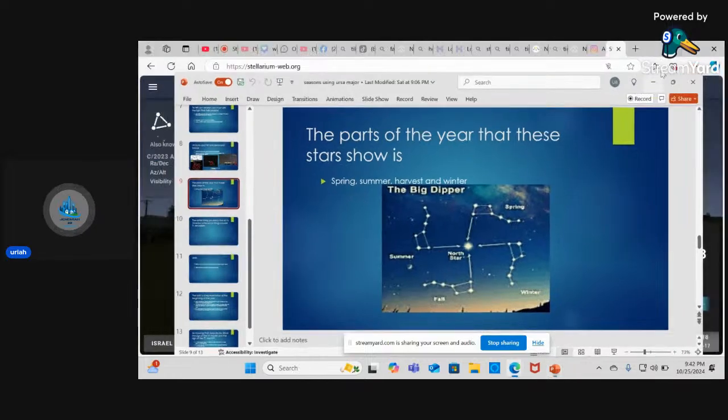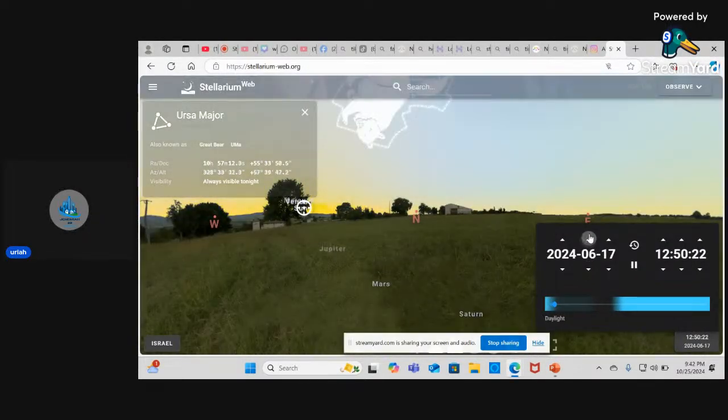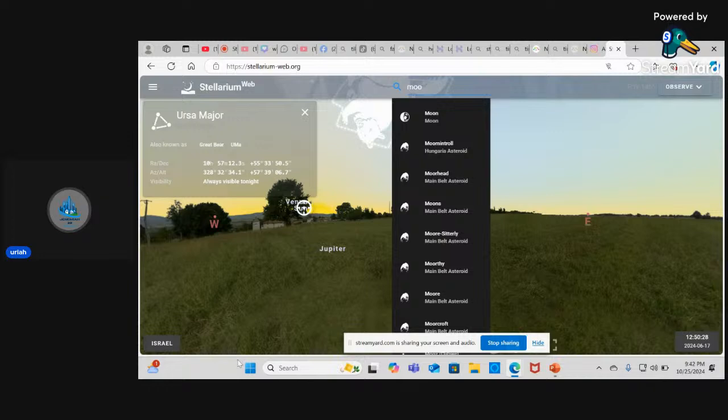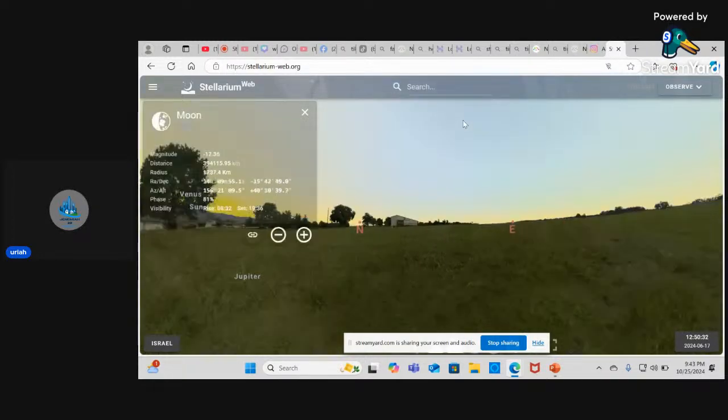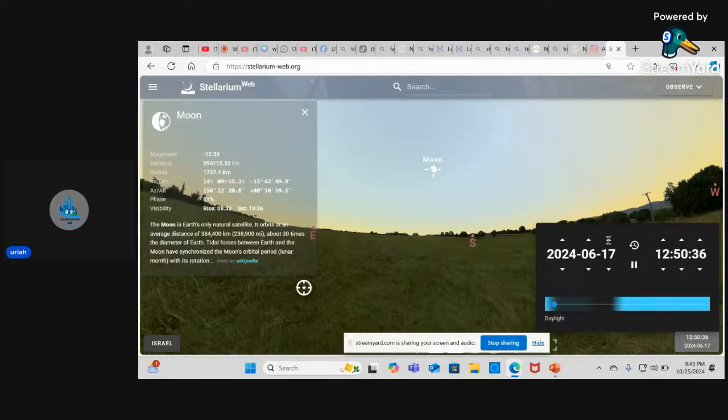And notice what you will see if you go back 6 months. You go to the moon. Hold on. This is Jerusalem. This is Israel. All right, now. Pull it up.